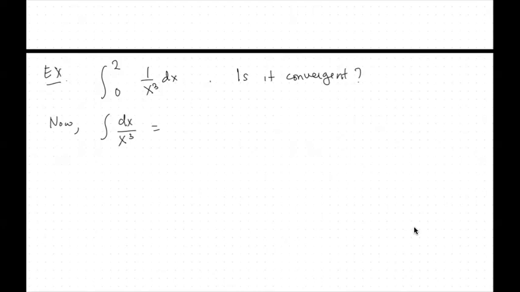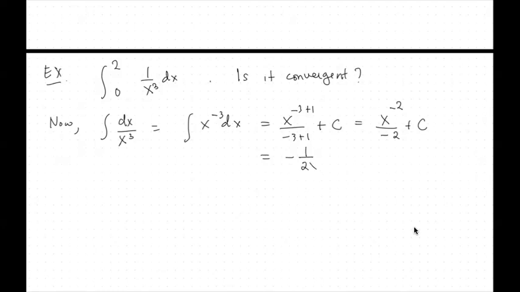In this case, the indefinite integral is the following. It's just x raised to -3 plus 1, over -3 plus 1, of course plus c. This is x raised to -2 over -2 plus c. So that means this is just -1 over 2x squared plus c.